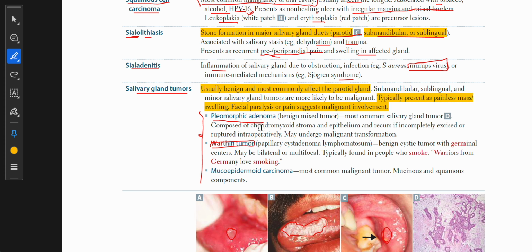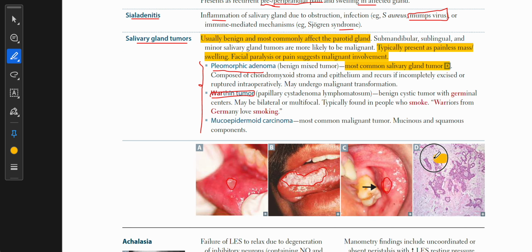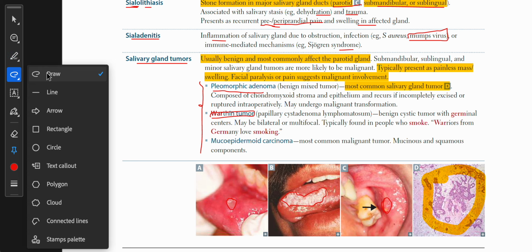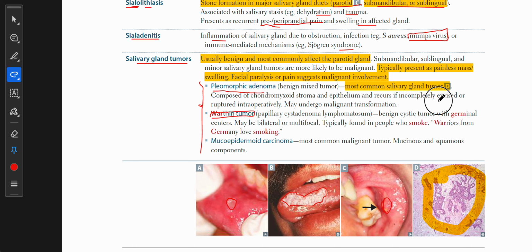Pleomorphic adenoma, also called benign mixed tumor, is the most common salivary gland tumor. As you can see here in the findings, it is composed of chondromyxoid stroma and epithelium, and it recurs if incompletely excised (resected) or ruptured intraoperatively, and it may undergo malignant transformation.